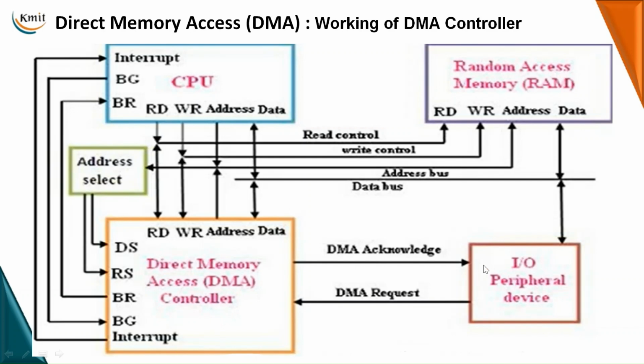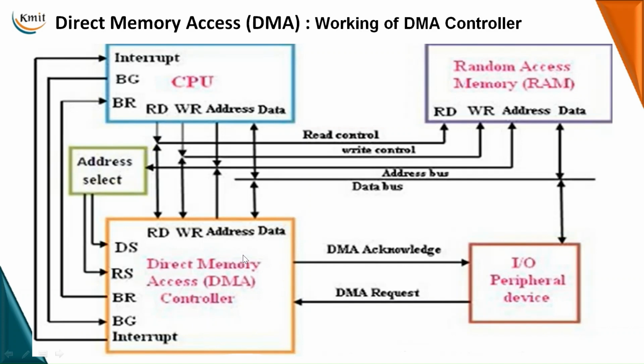Whenever an IO device or a peripheral device wants to perform a write operation, say it wants to write some data into the memory, initially the IO peripheral device will send a DMA request signal to the DMA controller, saying that it wants to perform a transfer of information.